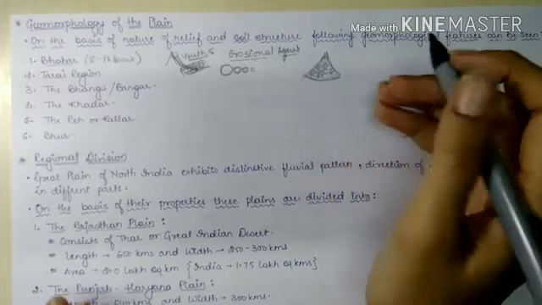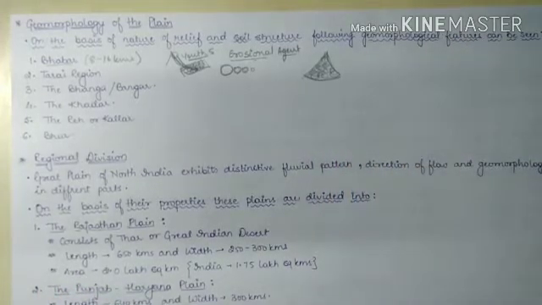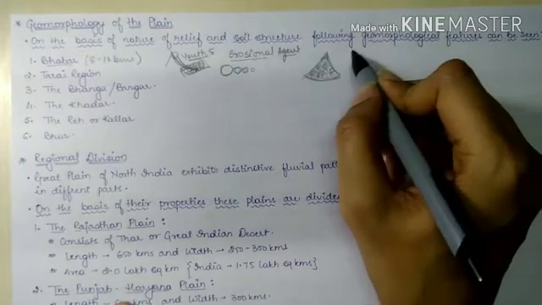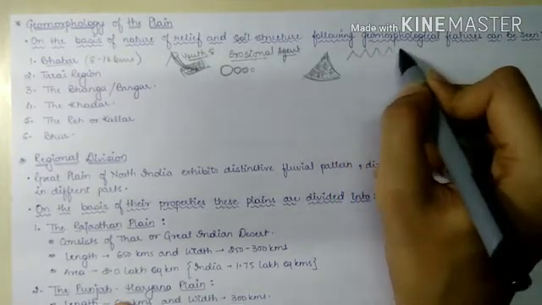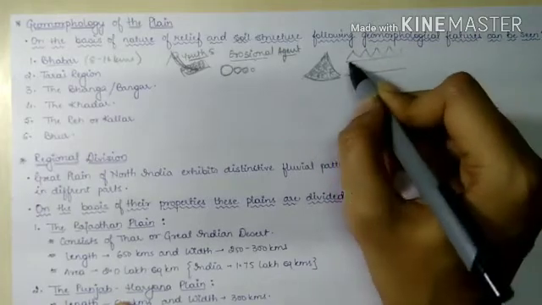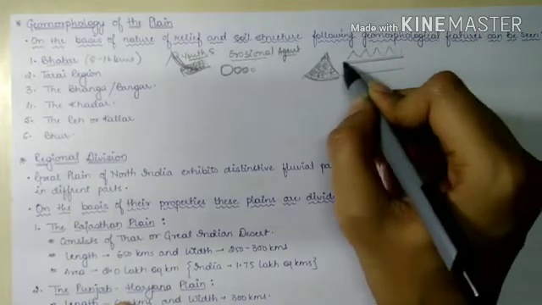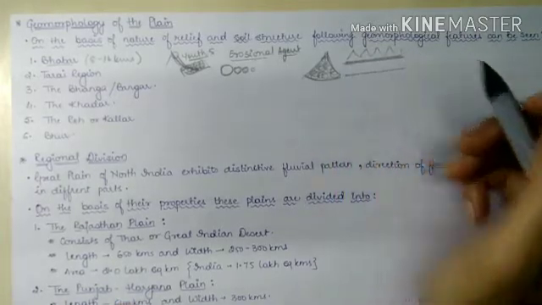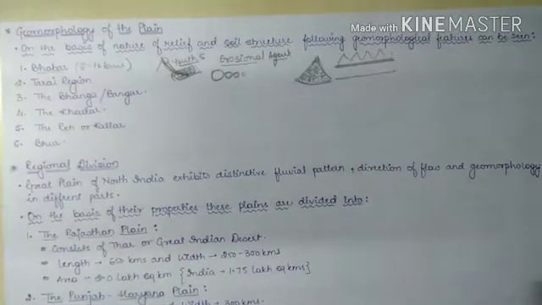Now the Bhabar belt is formed in the northern boundary of the Great Plain, along the Himalayas. So if this is the Great Northern Plain, this boundary will be of Bhabar. This Bhabar is comparatively narrow in the east and extensive in the west.